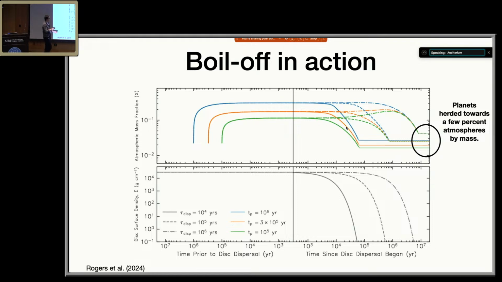But this boil-off process actually wipes out any effect of this. In fact, the thing that's setting the properties of the planet's atmosphere after disk dispersal is actually the disk dispersal timescale. So understanding how disk dispersal happens is really critical to understanding and setting the initial properties of planetary atmospheres. So disk dispersal is more important than formation time.